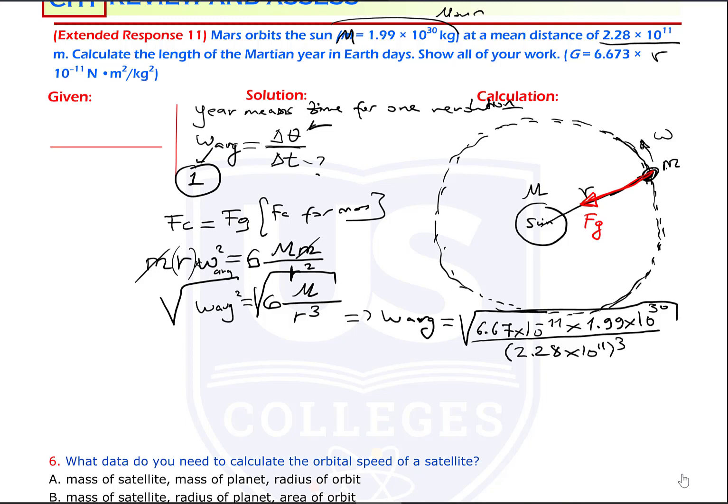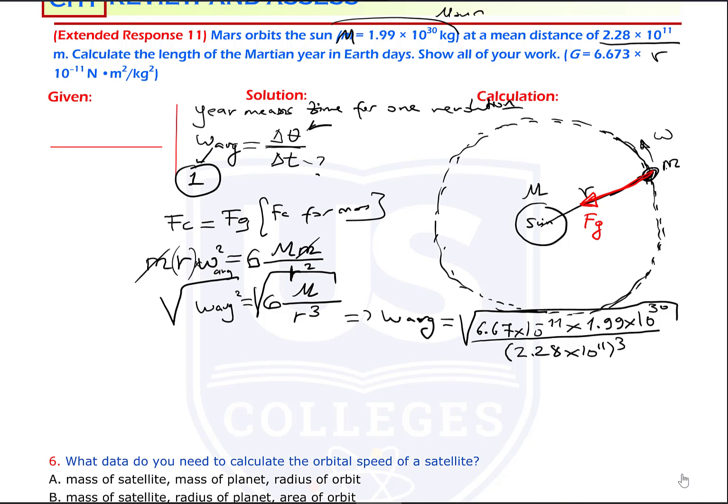You should always use a bracket if there's an exponential, even if it is a cube. 2.28 times 10 to the power of 11, close the bracket, then cube it. Okay, inside the root is 1.12 times 10 to the power of negative 14.